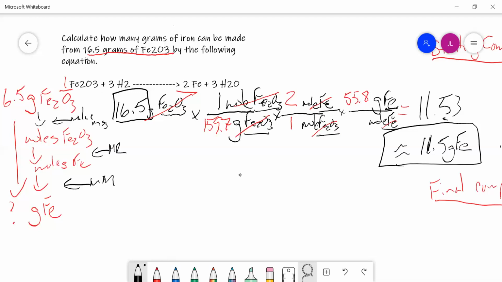I put grams of Fe2O3, grams of Fe2O3, moles of Fe2O3, moles of Fe2O3, moles of Fe, and then again moles of Fe, grams of iron. So now I know exactly what everything is, and this helps when we get into another aspect where you're going to have to do this multiple times, and you want to make sure you're actually doing it right.